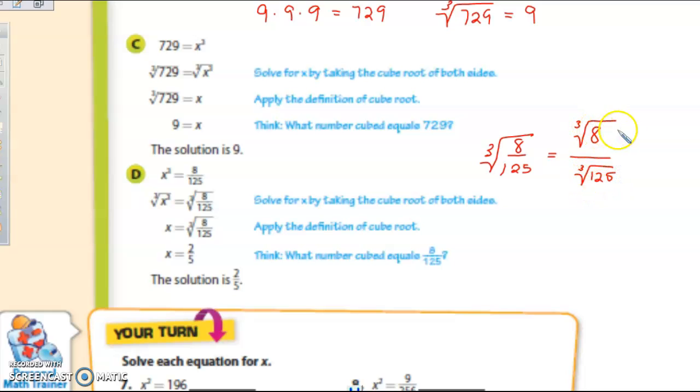Well, I know that the cube root of 8 is 2, and the cube root of 125 is 5. And because they're both positive, I know that this is a positive 2/5.